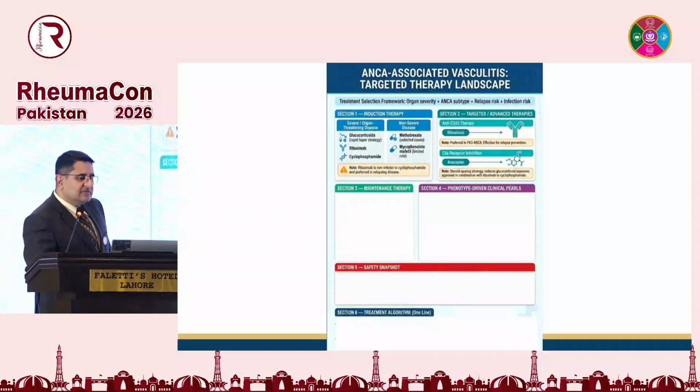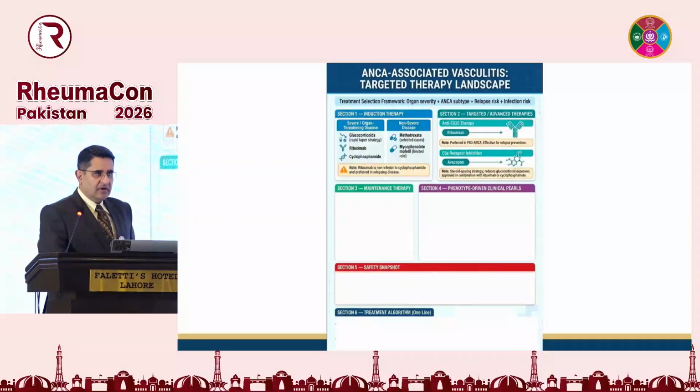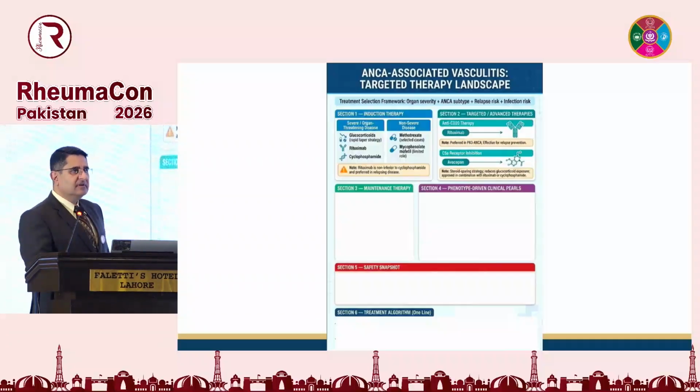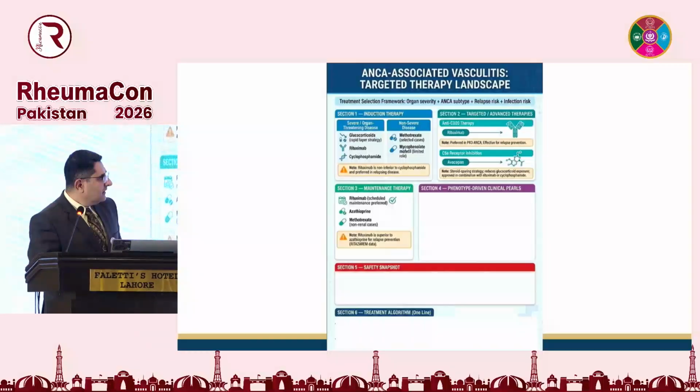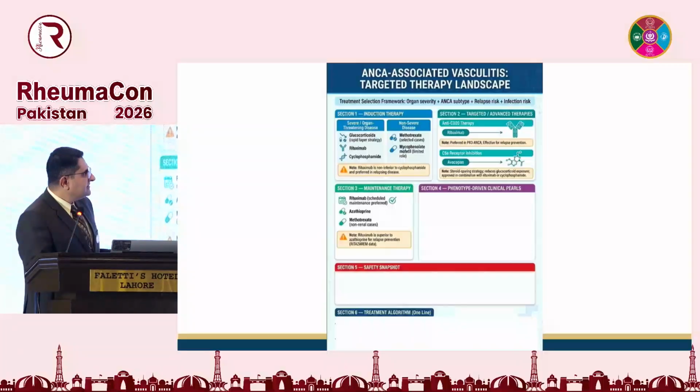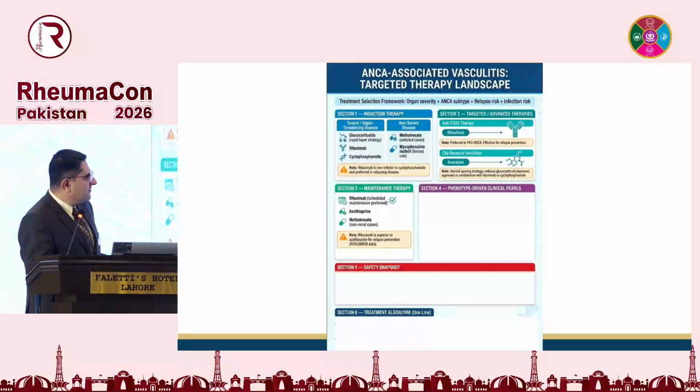The targeted advanced therapies we have now are rituximab, and recently in 2021, 5 years ago, Avacopan was approved by FDA. For maintenance therapy after induction, we have rituximab, azathioprine, and methotrexate in non-renal cases.